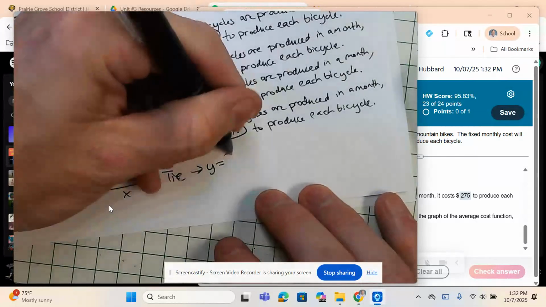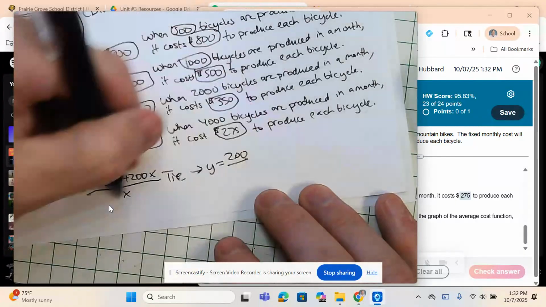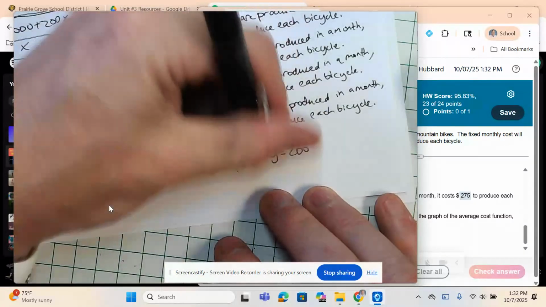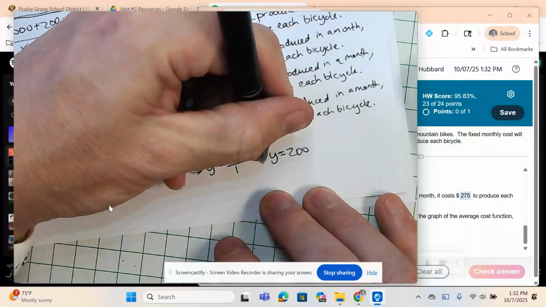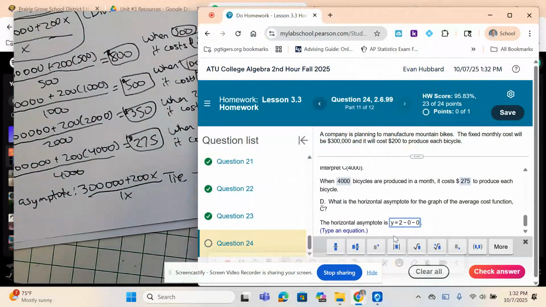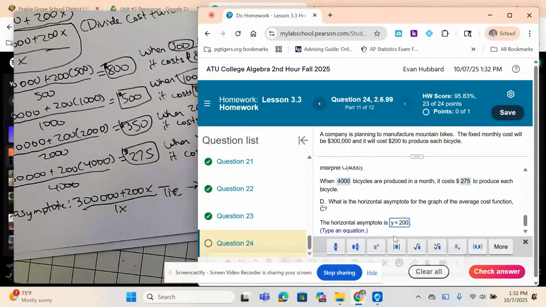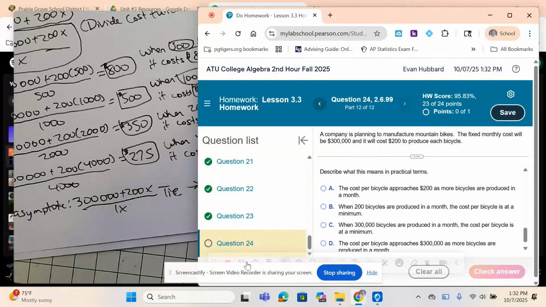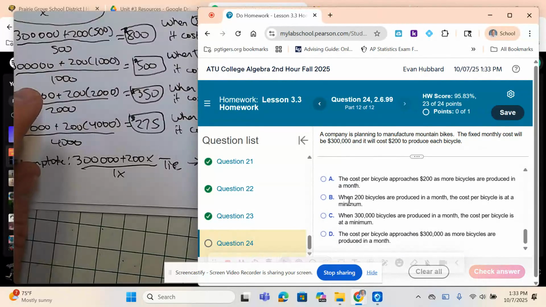Y equals 200 divided by 1, so y equals 200. I don't know if they want y or C of x here. Let's see what they'll take. Yeah, they'll take that. What does this mean? That means the cost per bicycle approaches $200 as more bicycles are produced. So the more you produce, the average cost will approach $200.